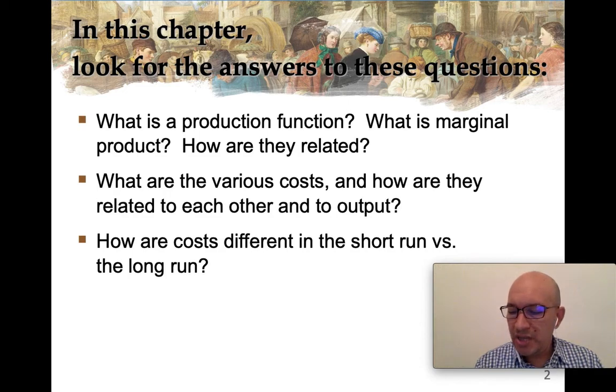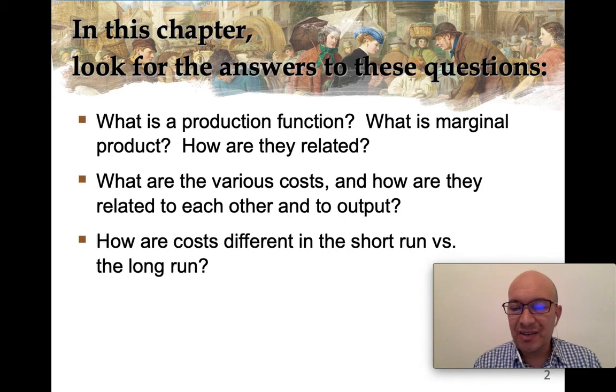So why are costs very important for a firm in a competitive market? Because costs are closely related to the decision making of the firm. When we say decisions, we mean principally the level of production.